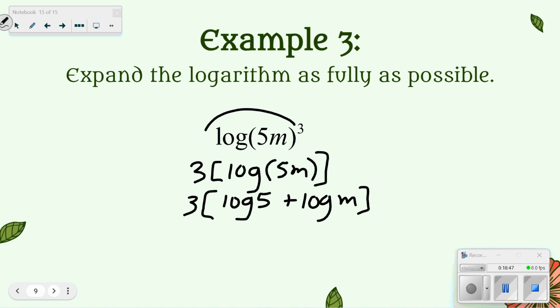Okay. I was wondering if you were asking about the base, which obviously we know here our base is 10. What else do you guys see? Just an algebra move. Distribute the 3. So this would be 3 log of 5 plus 3 log of m.